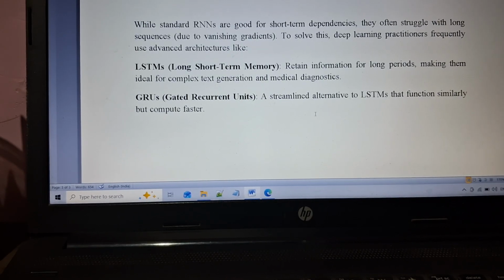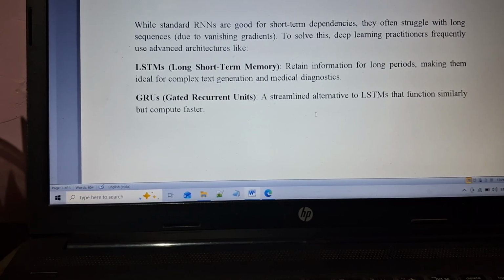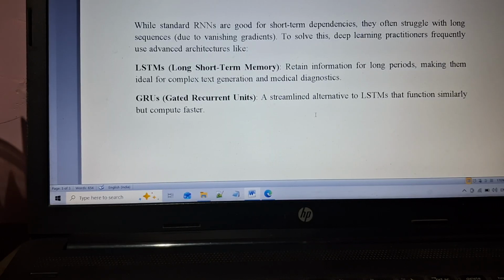LSTM will be used in medical diagnosis, medical science, for medical disease predictions. GRU, gated recurrent unit, is an alternative to LSTM that functions similarly but computes faster. LSTM cannot compute as fast, but GRUs can complete faster than LSTM.